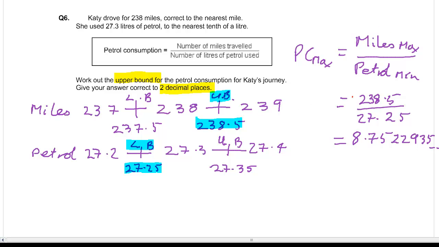So let's look at where that gives us. To 2 decimal places is here. Remember, we always check the next decimal place to decide whether we round up or down. Because that is 5 or less than 5, we don't round up. So therefore to 2 decimal places our answer is 8.75.